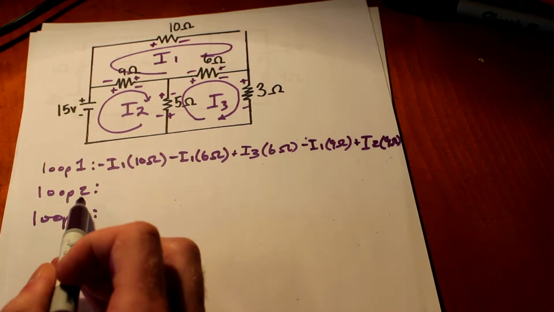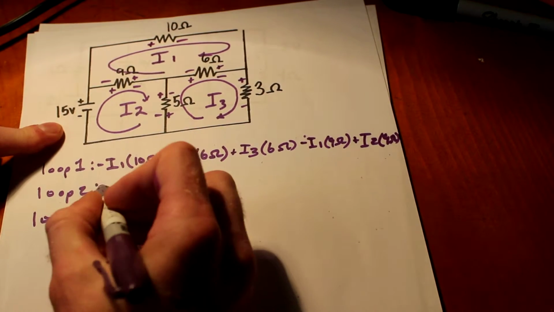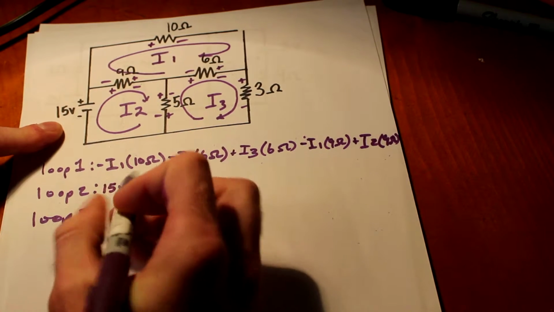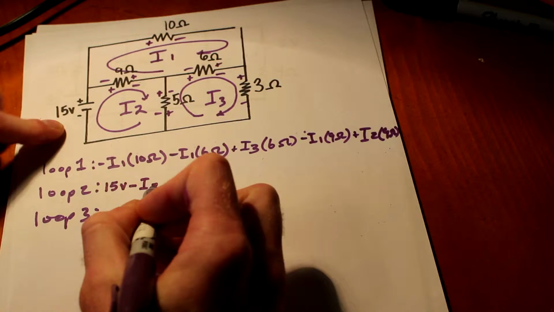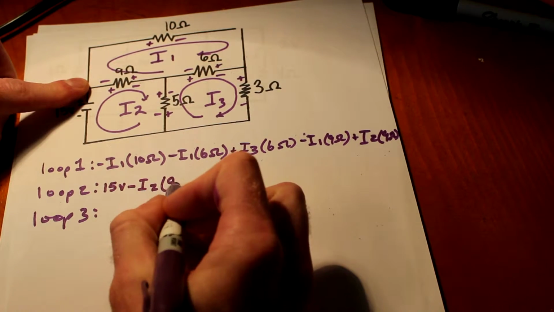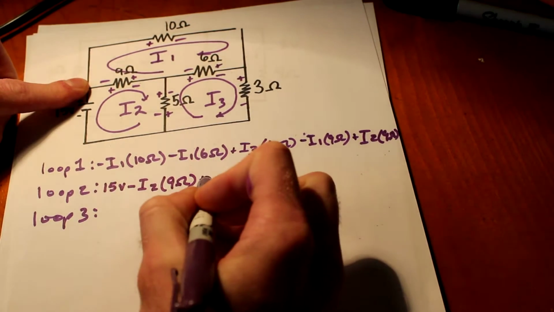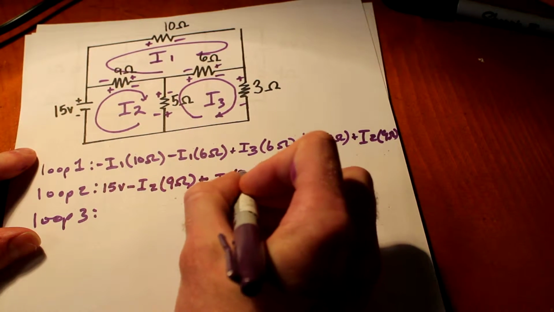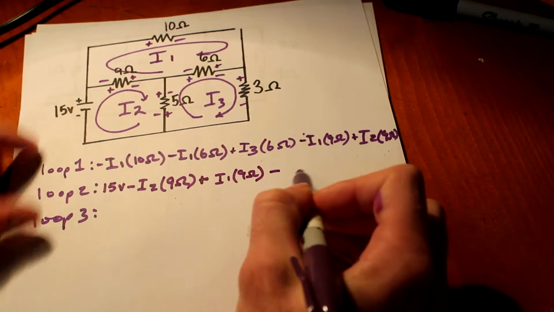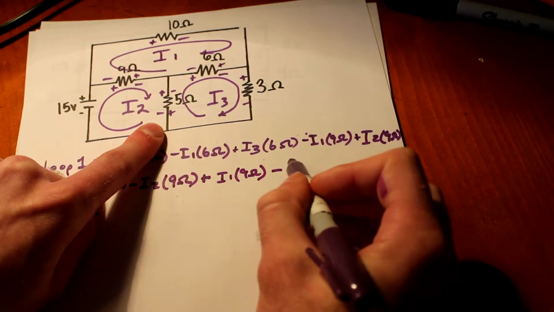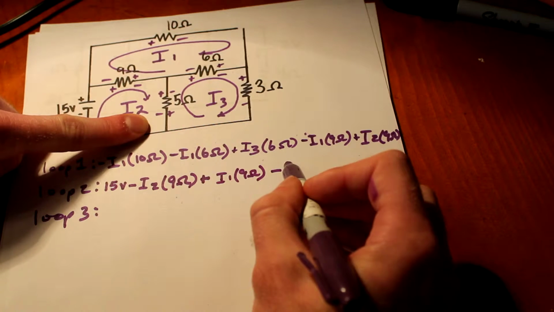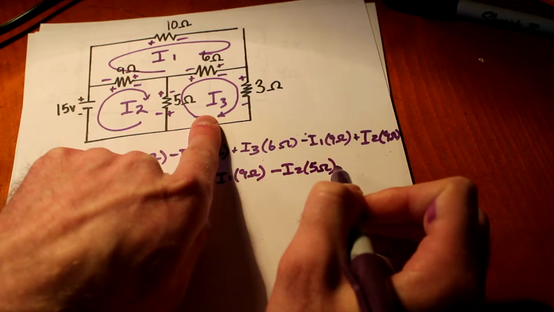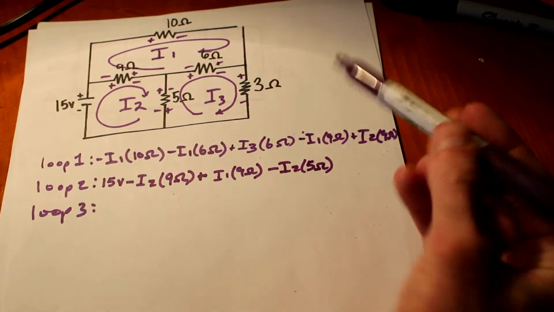So loop number 2, I2, we'll start out with 15 volts, okay, minus I2 times 9 ohms plus, it's shared by I1, so I1 times 9 ohms, minus I2 times 5 ohms, and it's shared by I3 times 5 ohms, okay?